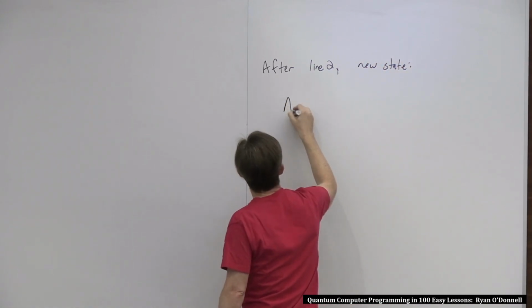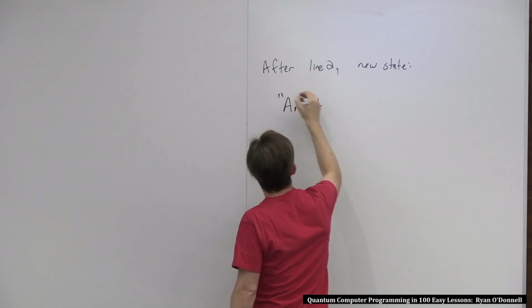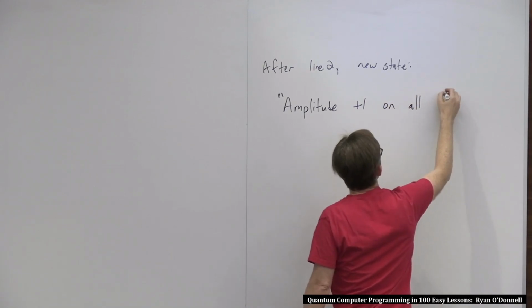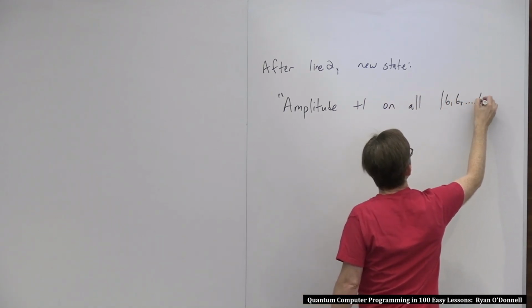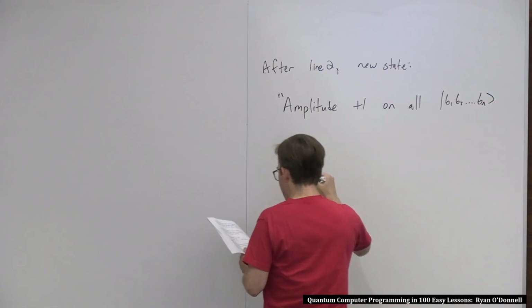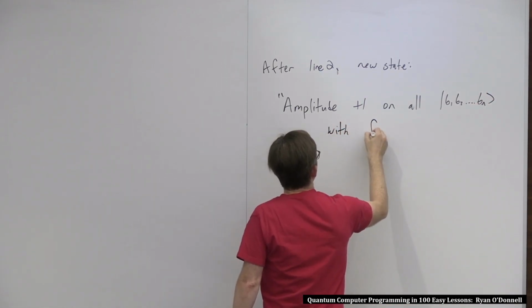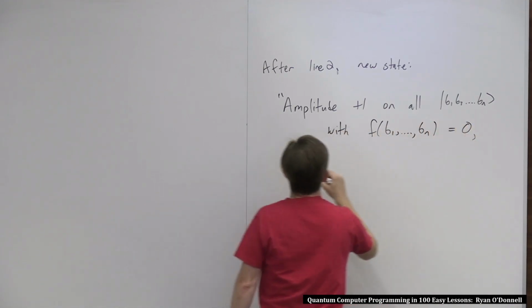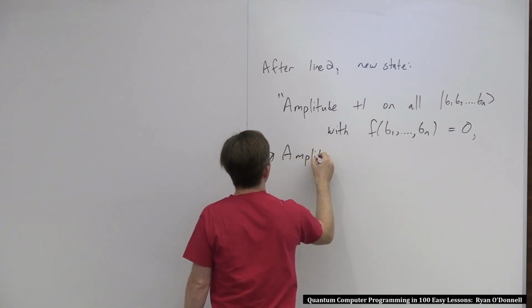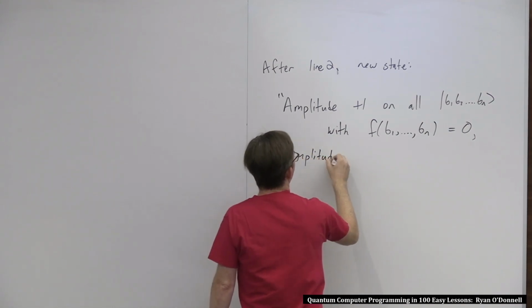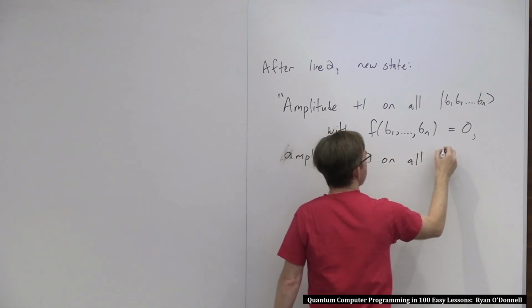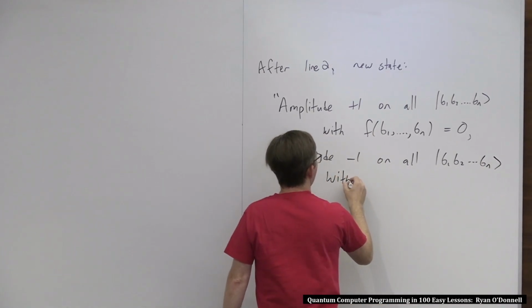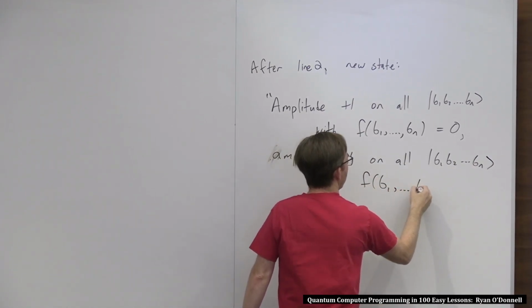It looks like this. We have amplitude plus 1 on all the basic states b1, b2, up to bn. This stands for an n-bit string, where the function value is 0, and amplitude, this is small a, minus 1 on all basic states with the function value being 1.